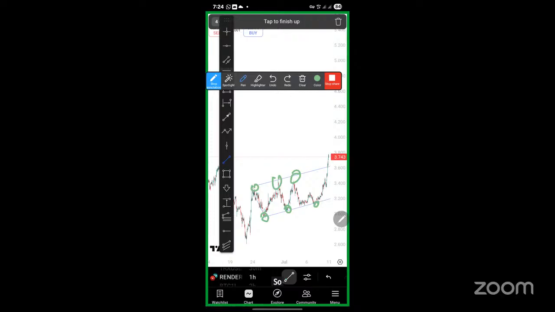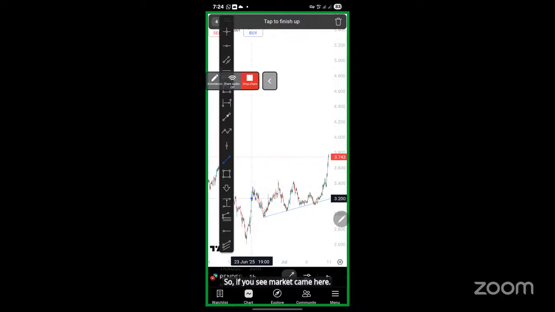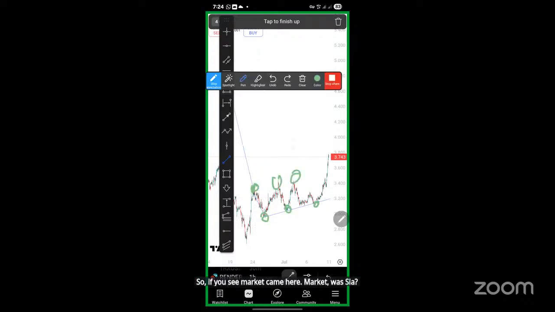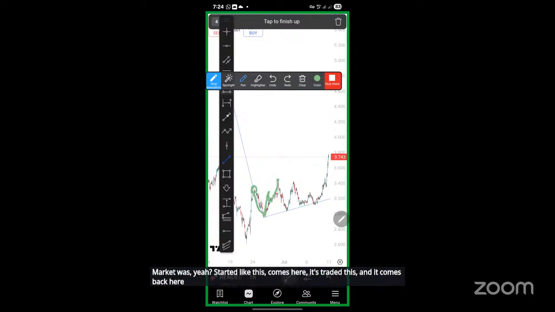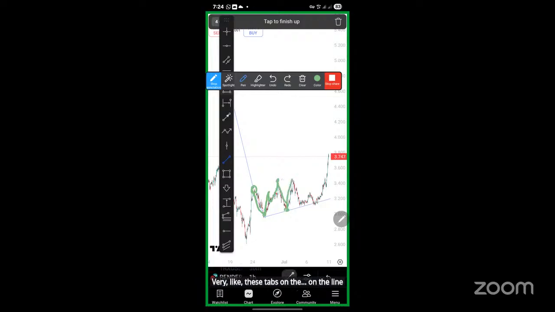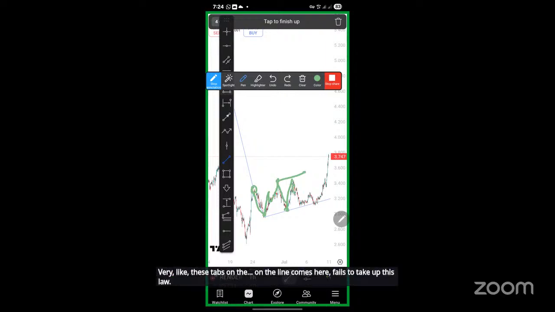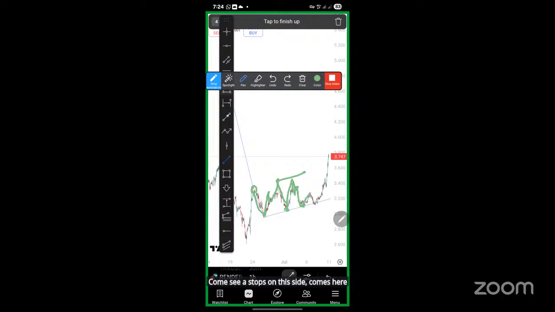So if you see, the market came here, market was here, it traded like this, comes here, it traded this and it comes back here, traded like this, taps on the line, comes here, fails to take out this low, comes here, stops on this side, comes here, taps here, comes here, stops in the middle.